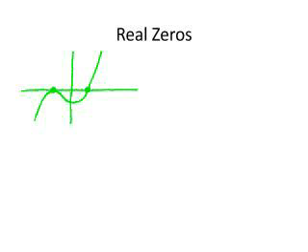So when we talk about a zero, it's the value that we find where it crosses the x-axis. So if we're solving it, we're finding what the value of x is so that the y is 0.